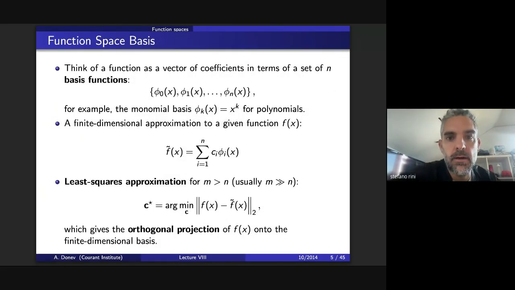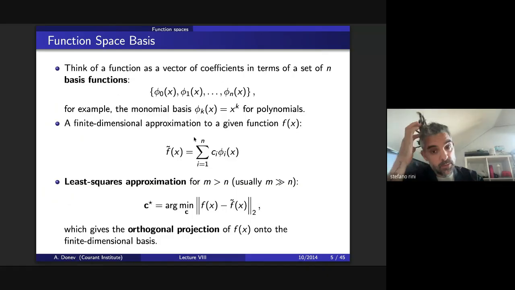So now we can think about a set of n basis functions for the functional space that we have, and for example, we can ask ourselves how can we build a set of basis functions using the polynomials, or the monomials.